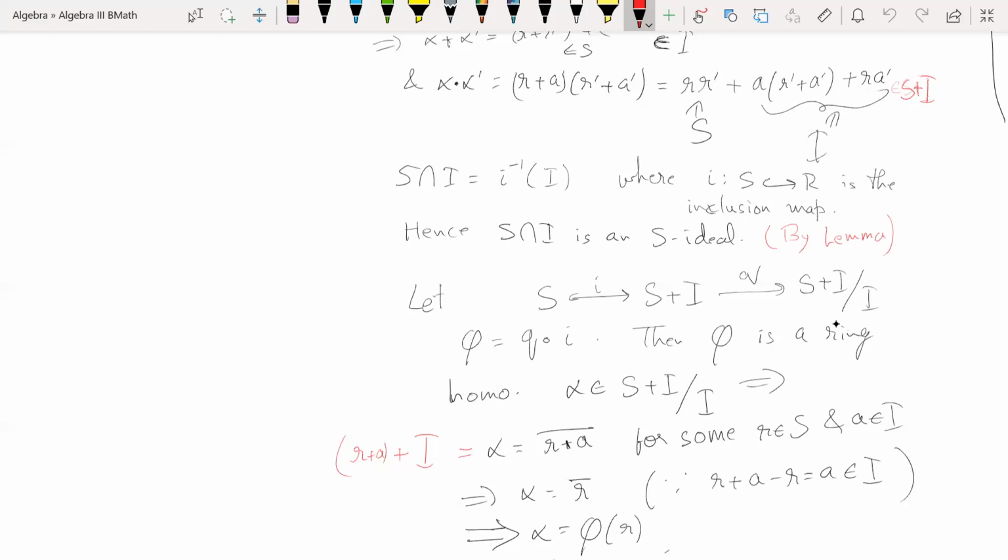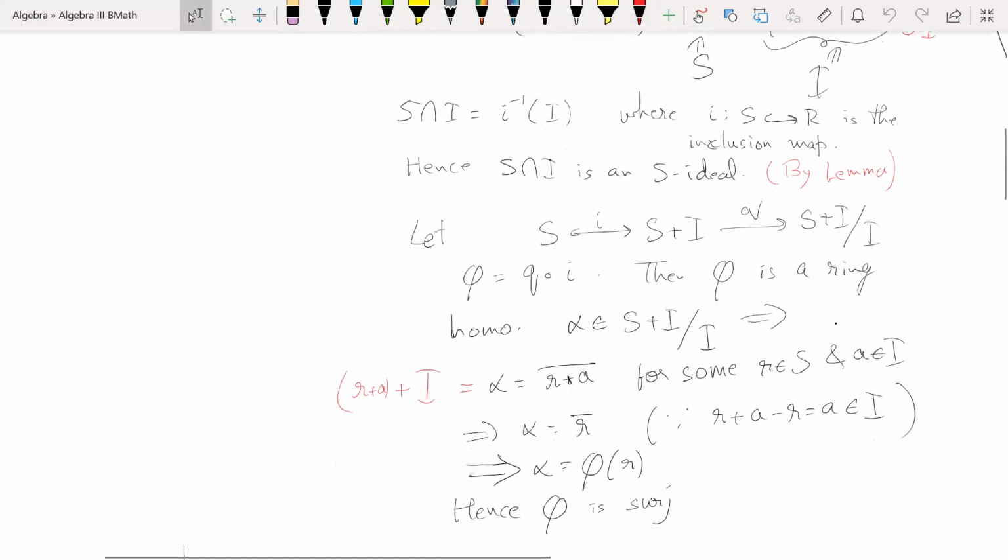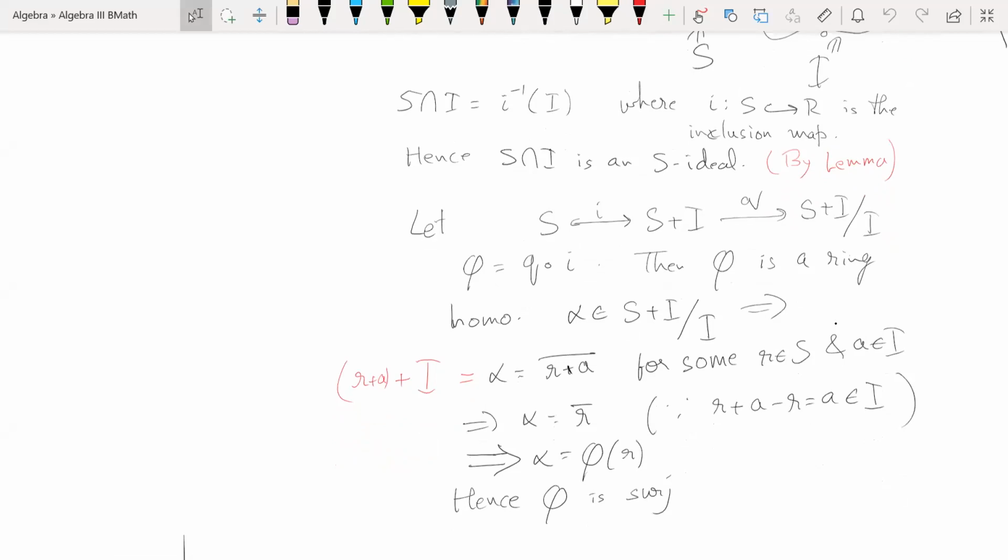So r bar is exactly applying Q directly, or you can think of it as inclusion followed by Q. So that tells you that phi is surjective. So this ring homomorphism which we cooked up is actually surjective.